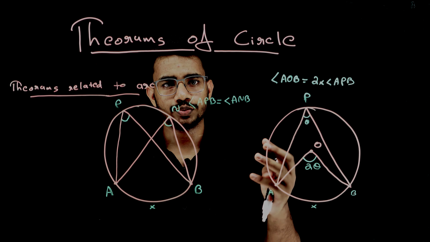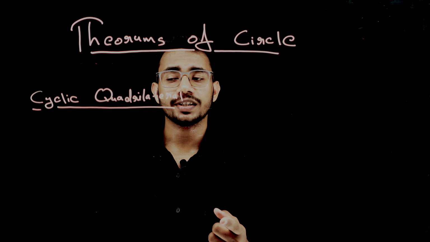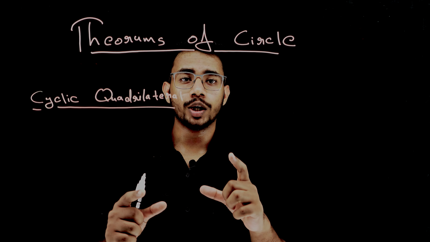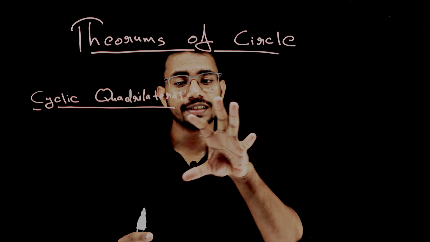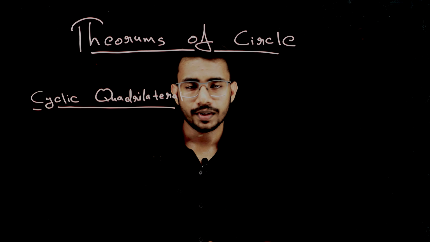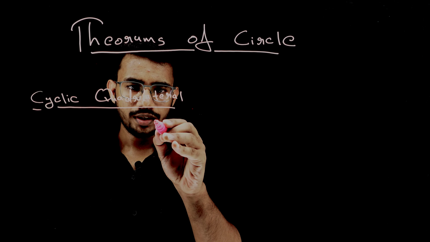Now we will move on to the next one. The next theorem is related to a cyclic quadrilateral. Cyclic quadrilateral means a quadrilateral that is being placed inside the circle itself, touching the points on the circle itself. So we will have a circle.